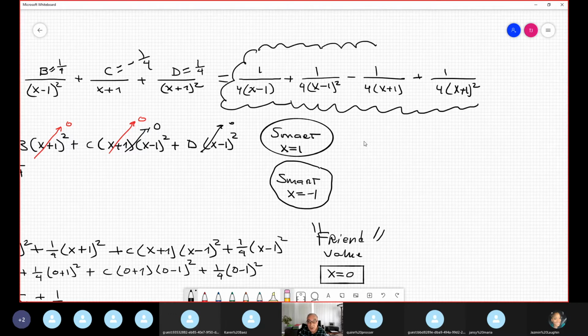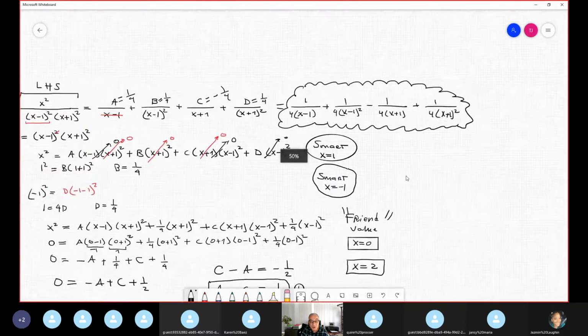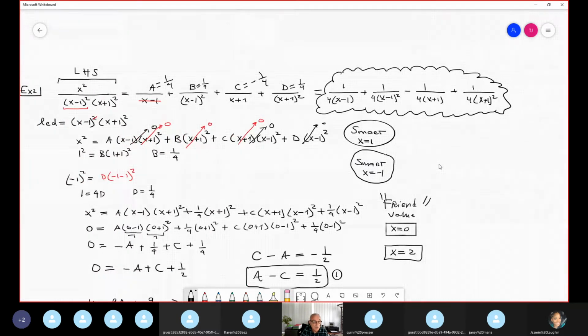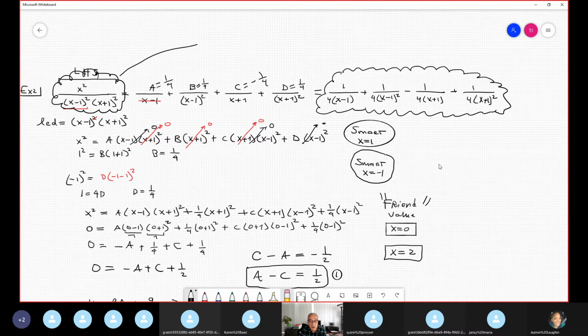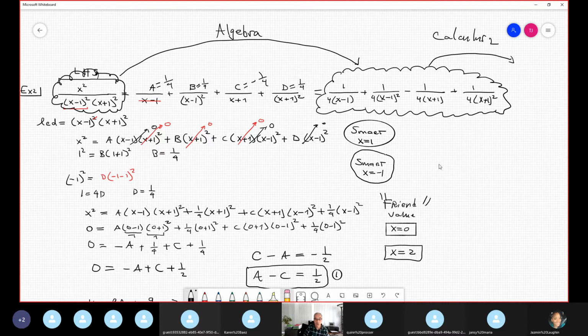But this is just the beginning in calculus 2. So in calculus 2, you have the original expression, the horrible original expression, and using algebra, you manipulate and convert it to the partial fraction decomposition. This is algebra. And this is the moment to start calculus 2.